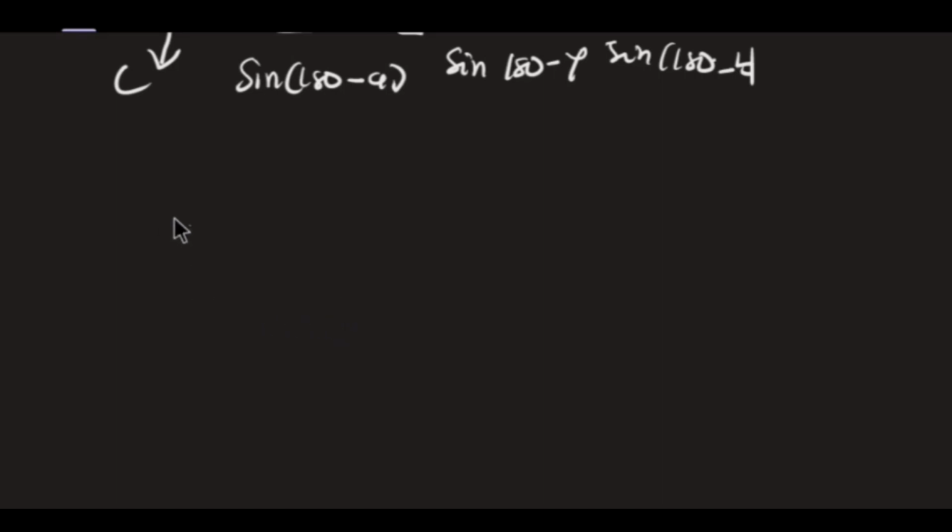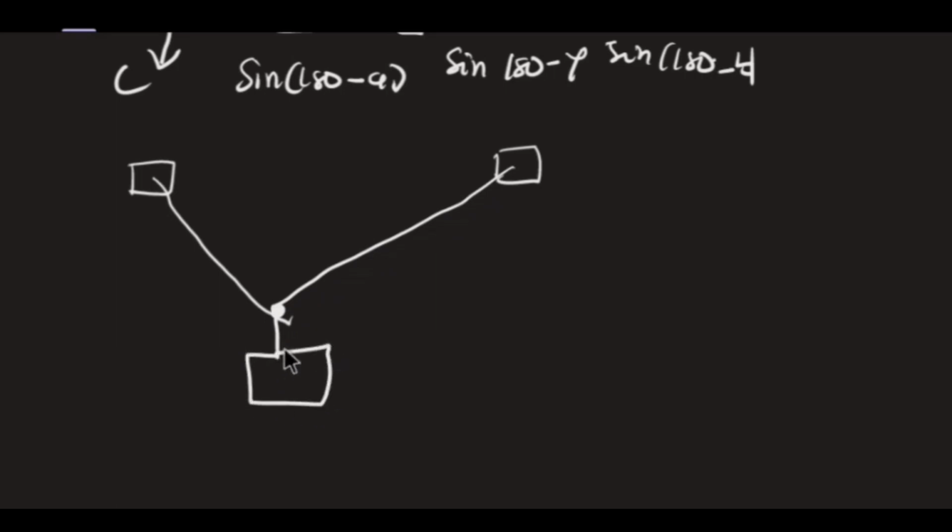So we have a ceiling where two strings are hanging a box. The box weighs 30 kilograms.